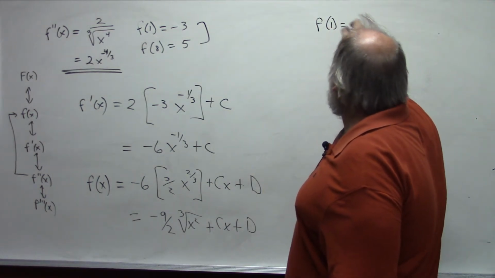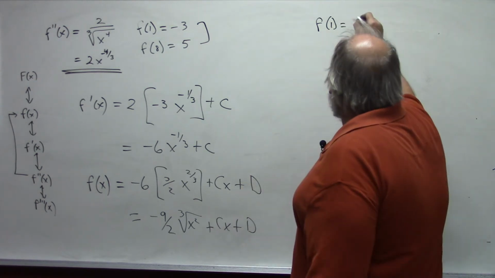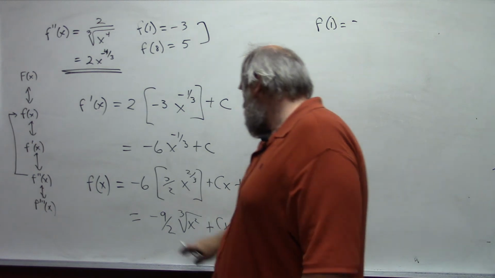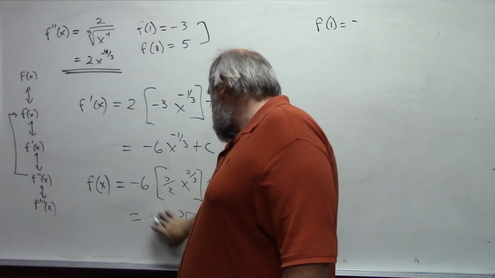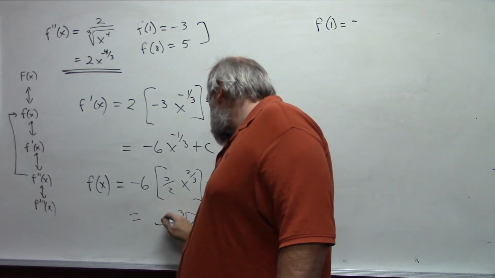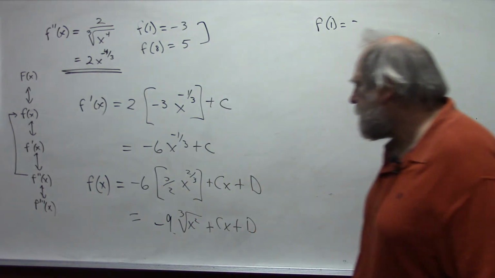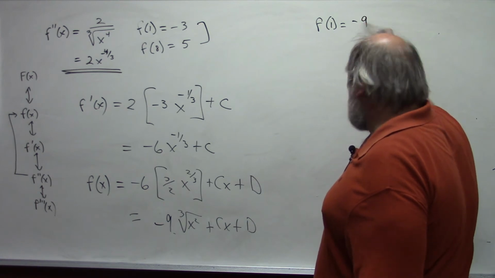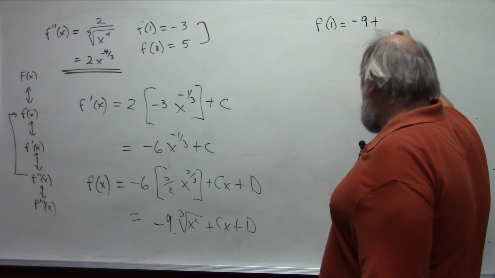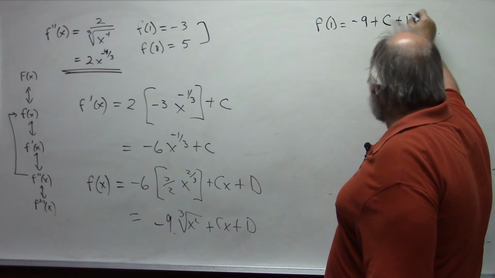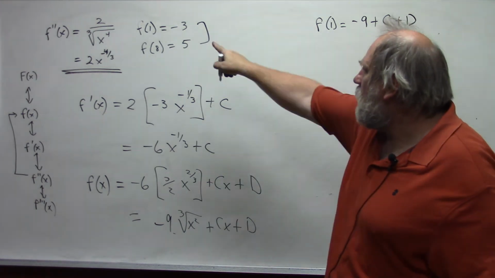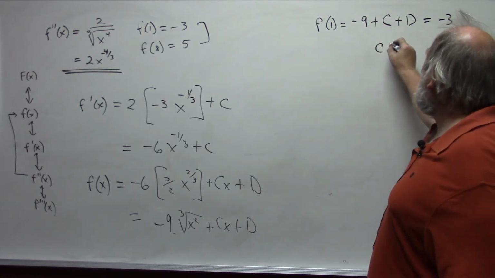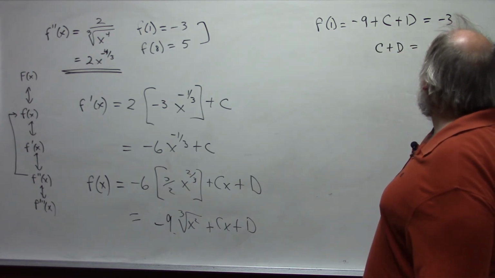f at 1 is going to be negative, oops, this is not negative 9/2, negative 18/2, which is just plain old negative 9. Glad I caught that right at that moment. This is going to be negative 9 plus c plus d, and we're told that that's equal to negative 3, which means c plus d is equal to 6.